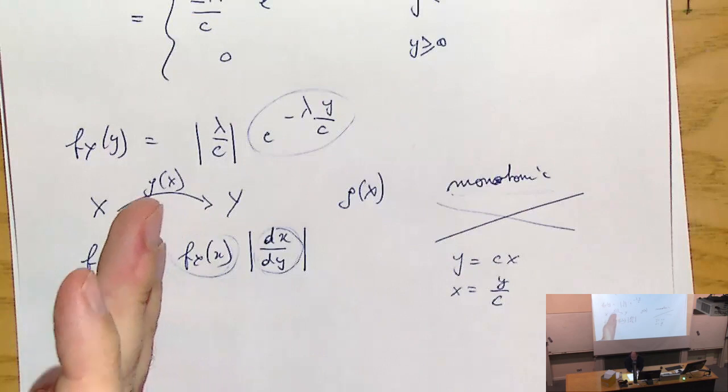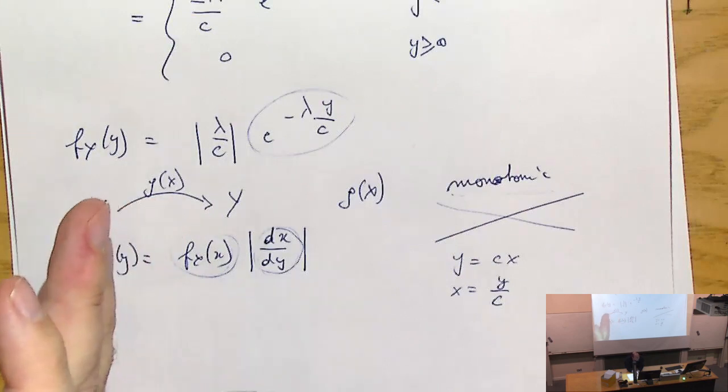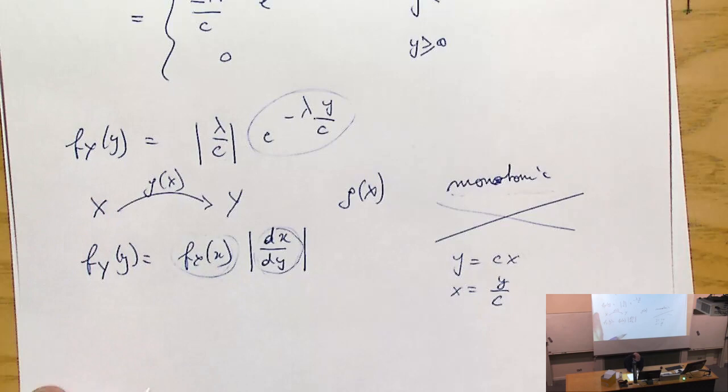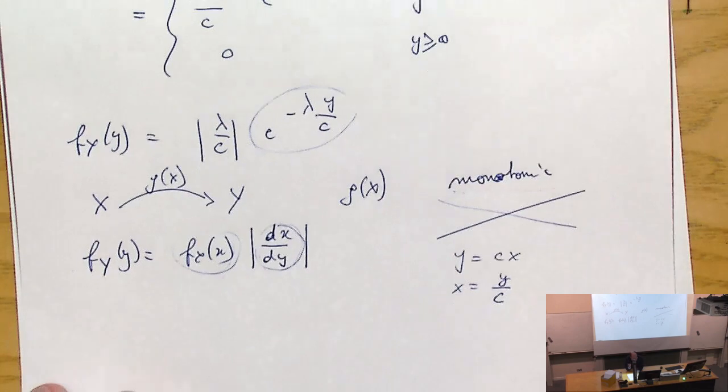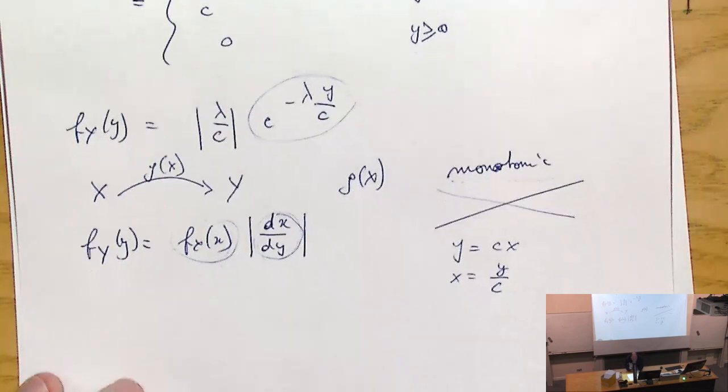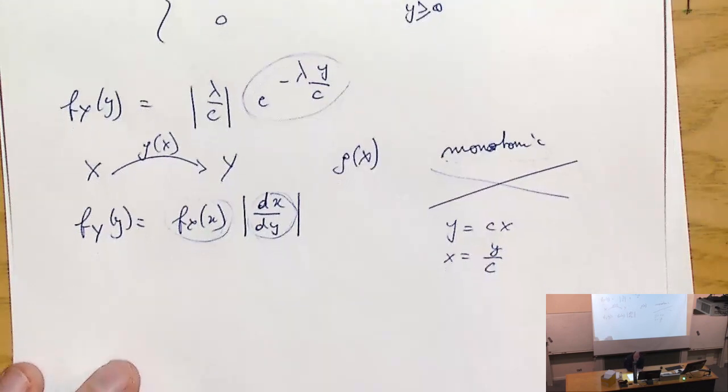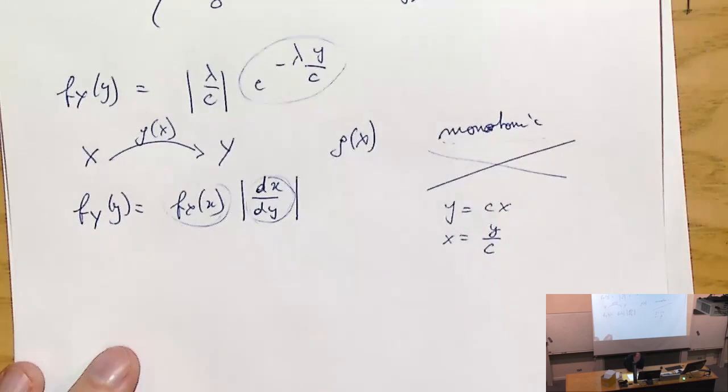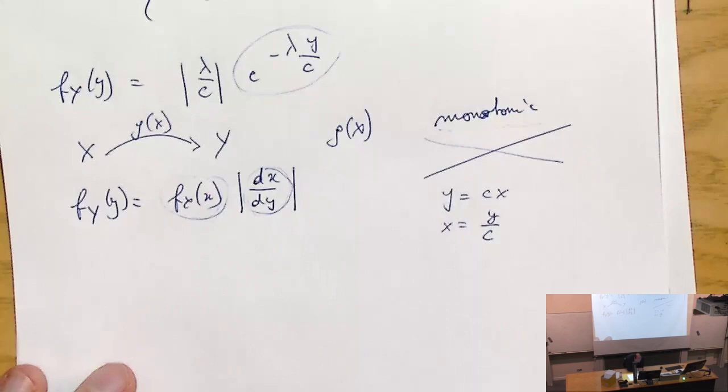I think it's more intuitive because you really start from the PDF, the CDF. You express this CDF of y as a function of the CDF of x, and then you take the derivative. These steps always work, and we're going to use this later on today as well. But this is also something good that you can apply.